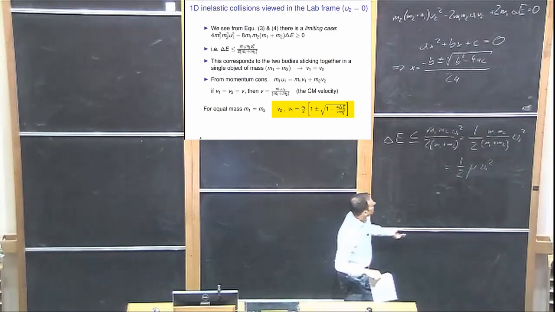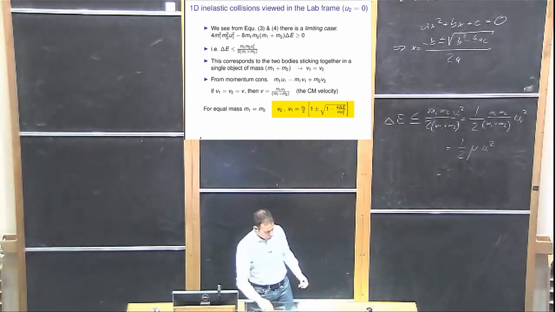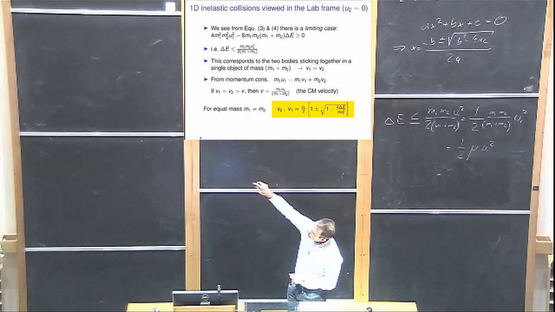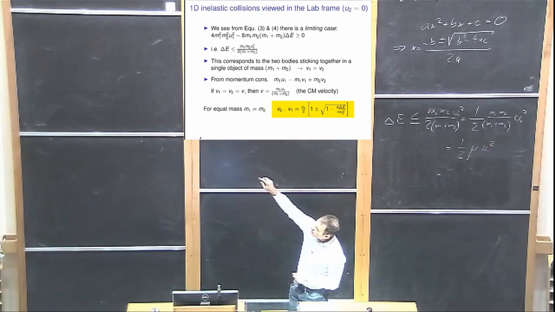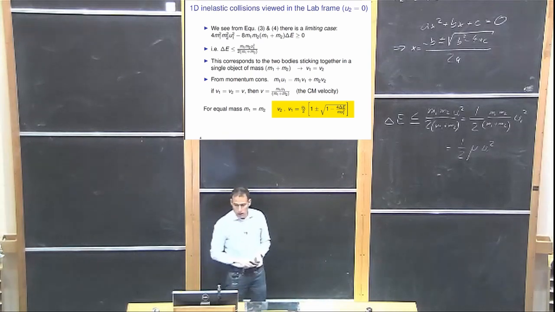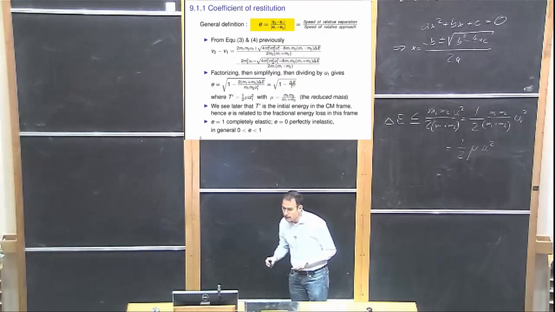This is also quite a useful property which we're going to use for the rest of the lecture. This is the maximum when the two bodies stick together in a single object after collision, and you have V1 equals V2, and from momentum conservation you end up with this term for V2 and V1. This is the 1D case.